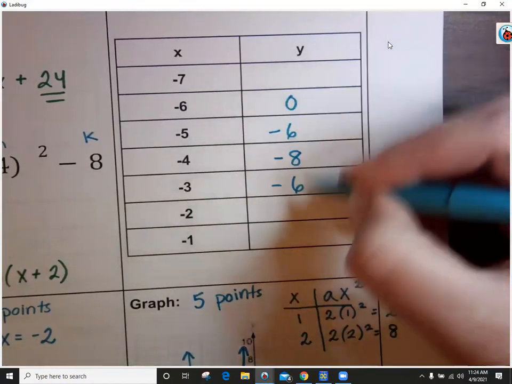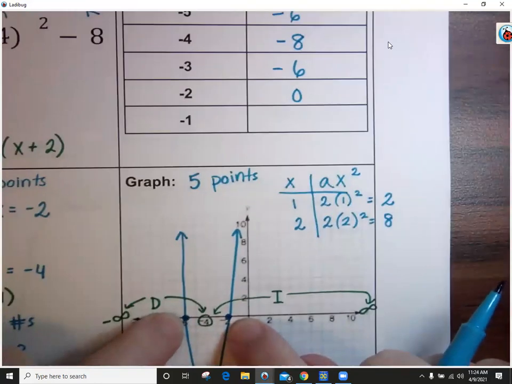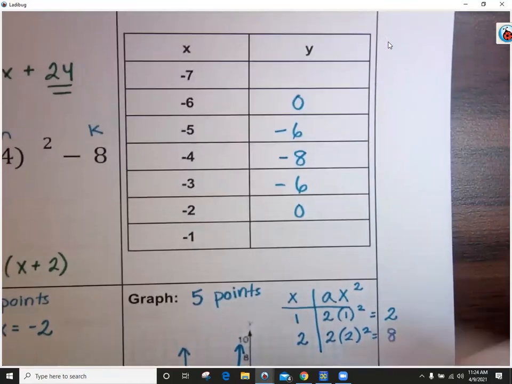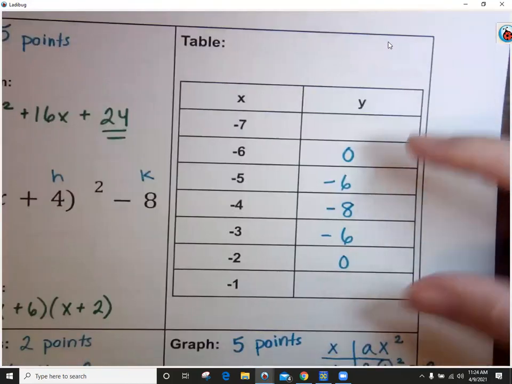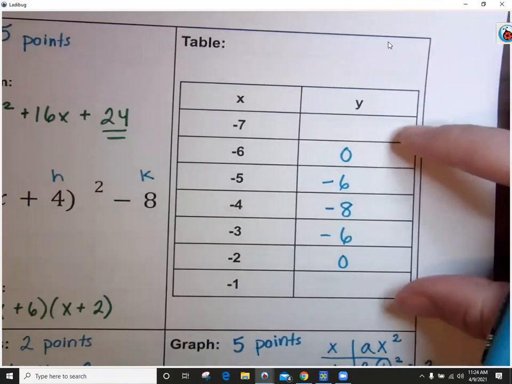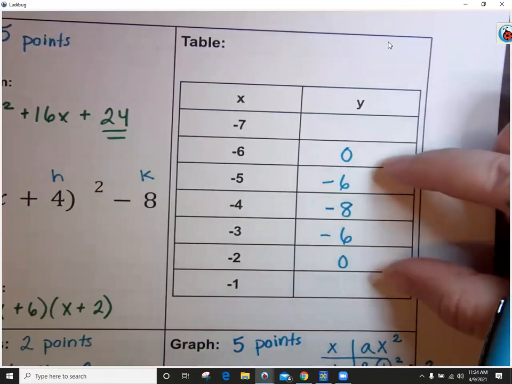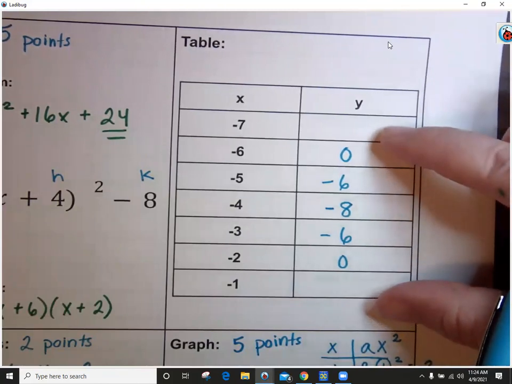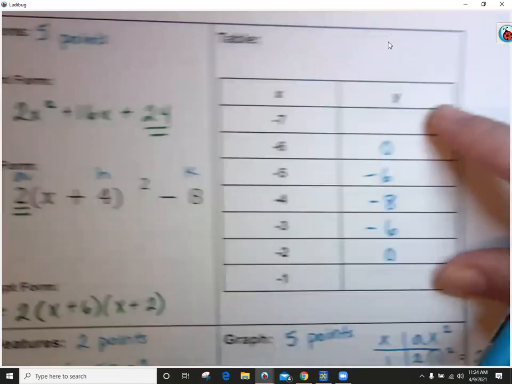The -6 and -2 were our x-intercepts. So we can see all of these ordered pairs in the graph. The only ones we can't are these, and they're going to have the same y value because of the symmetrical nature of the parabola. So if you calculate one of these, then you would have the other one.